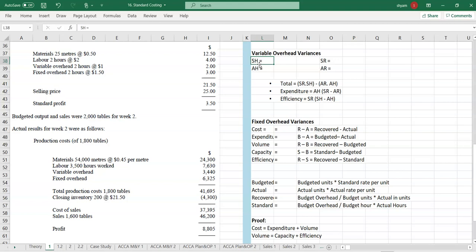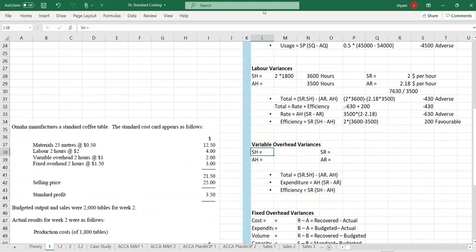The standard hour and actual hour will always go along with the standard hour and actual hour in labor variance. So we don't need to compute anything newly. Standard hour and actual hour you can just copy from labor variance. The rate alone will change, so that alone you have to find out separately.